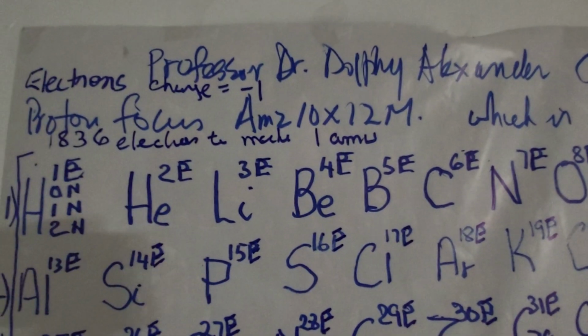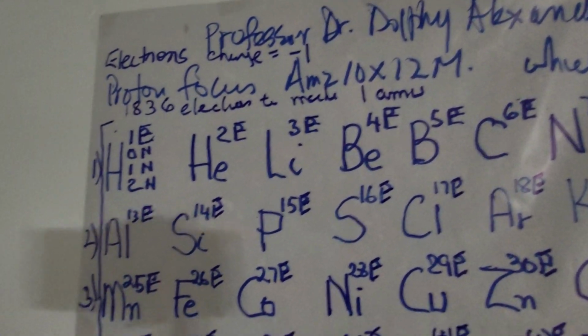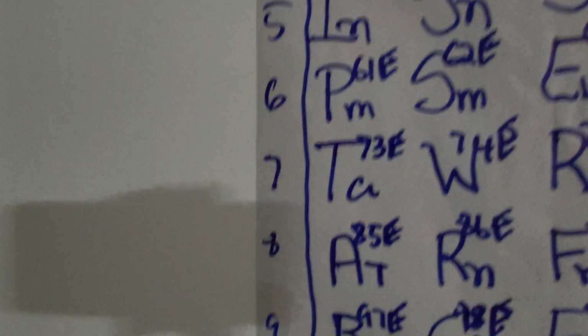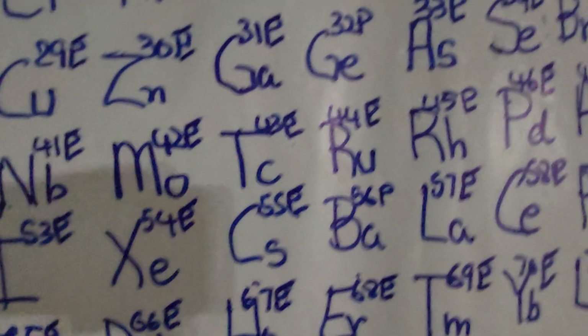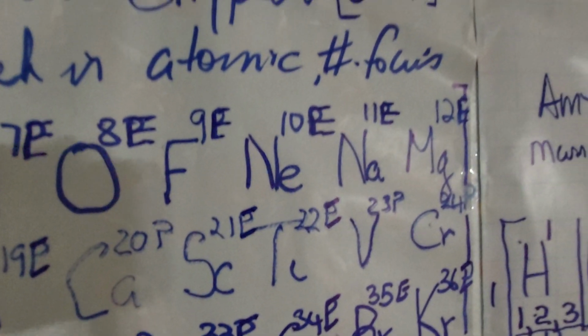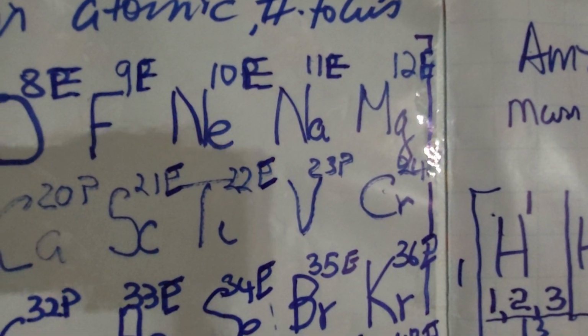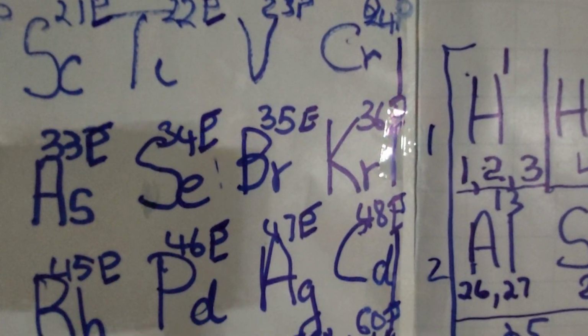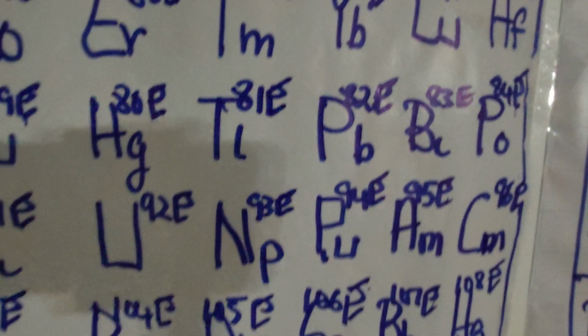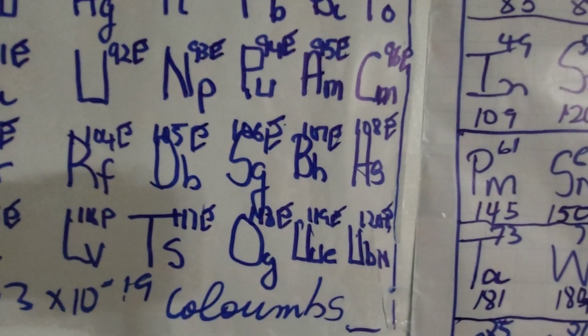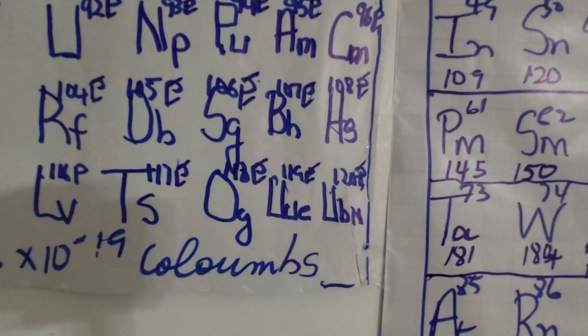Number of electrons equals number of protons equals the atomic number. And we have up to 10 rows and up to 12 columns. The last column: magnesium, chromium, krypton, cadmium, neodymium, hafnium, polonium, curium, actinium, and unbinilium.